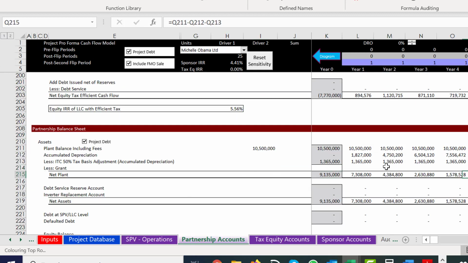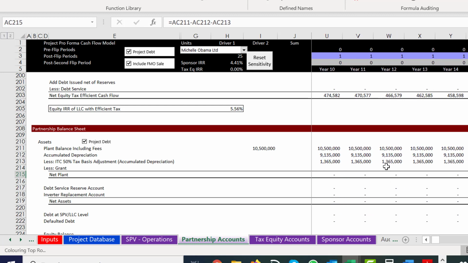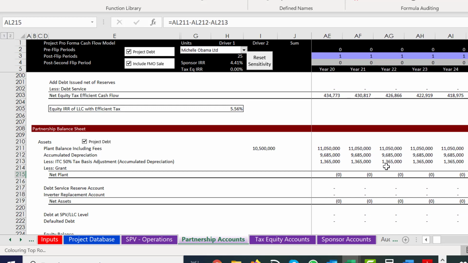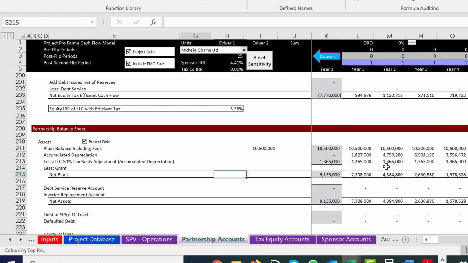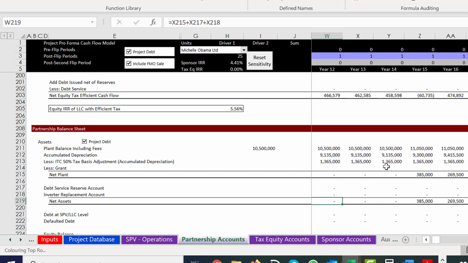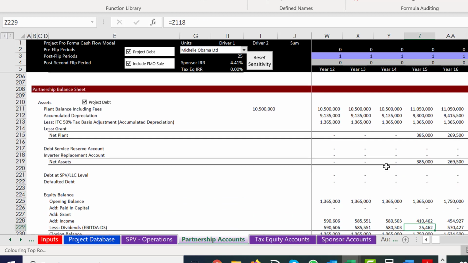So our net plant goes to zero, and then we capitalize our inverter, and then it goes back to zero. So we're double checking that everything's okay. And then we could put a debt service reserve account or an inverter replacement reserve account in, where you put some cash and then use it when you spend the money, but we don't have any of that. So that's our net assets.